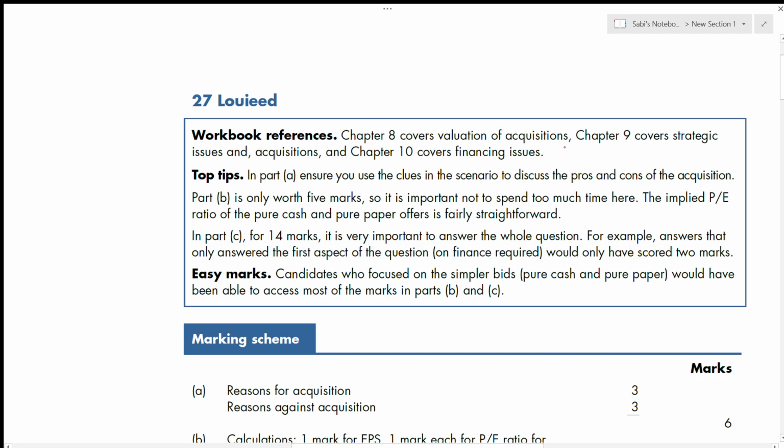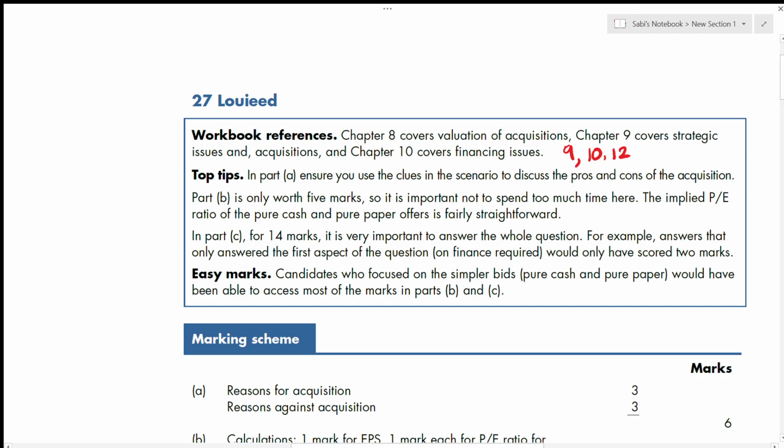I'm sorry, chapter 9 does not come. It's a printing mistake over there. It has to be 9, 10 and 12. Because chapters 9, 10, 11, 12, these 4 chapters are for acquisition. Chapter 11 will not come because they are talking about regulations of takeover, which is not asked in this question. So 9, 10 and 12.